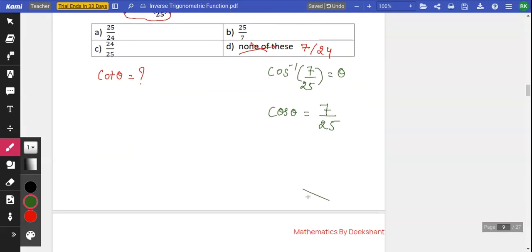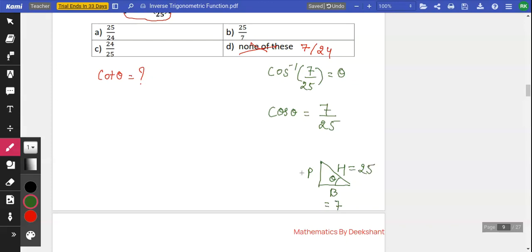Now let us draw a small right angle triangle. This angle is supposed as theta, and this is perpendicular, this is base, and this is hypotenuse. Cos theta is basically base upon hypotenuse. So base is 7, hypotenuse is 25.